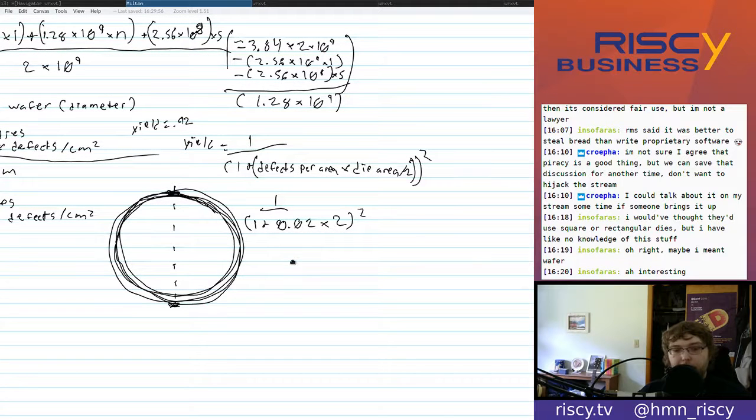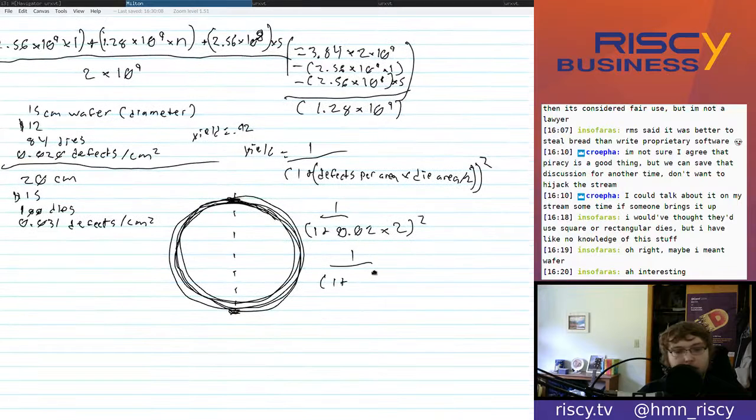So then the yield would be 1 over 1 plus, let's see, what were the defects for this one? 0.03 times pi over 2 squared.